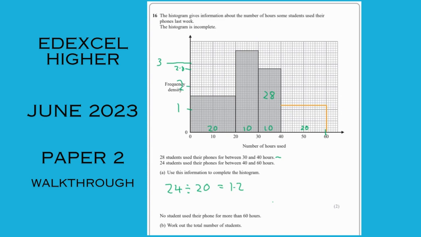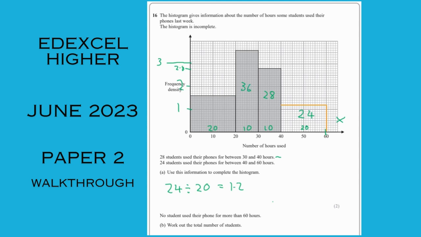I won't scroll down, we can just see part B on the bottom there. So as you know, that bar is 28, this bar is 24, there are no more over there. So we need the areas of the others. So this bar here goes up to a height of 3.6.